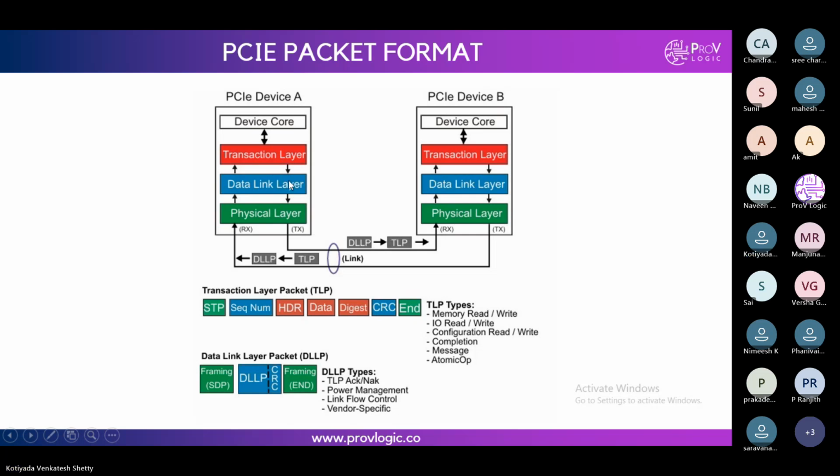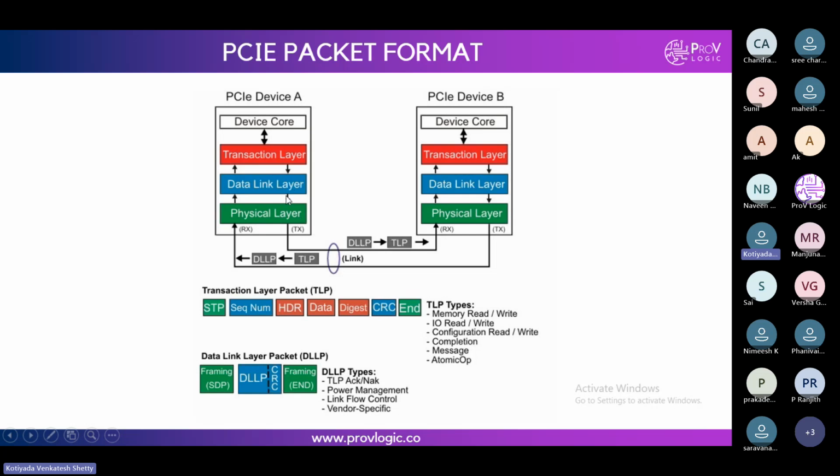In the data link layer, we append the sequence number and LCRC, and we send the packet to the physical layer.